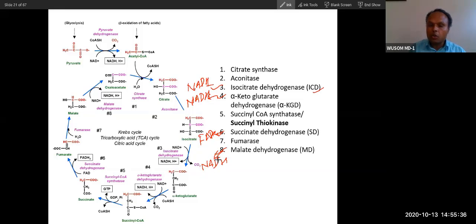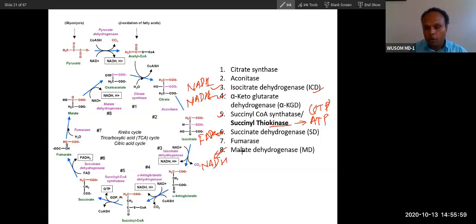In addition to this, there is one more step that you need to memorize. This kinase, can you see? This is a very different type of kinase, called thiokinase. Here there will be production of ATP in the form of GTP. So you need to memorize these 4 steps and this 1 step.